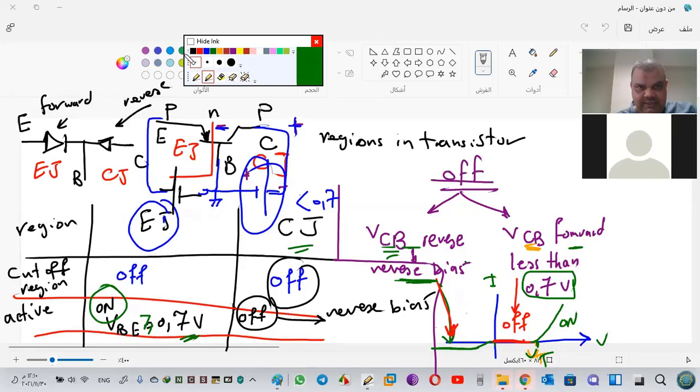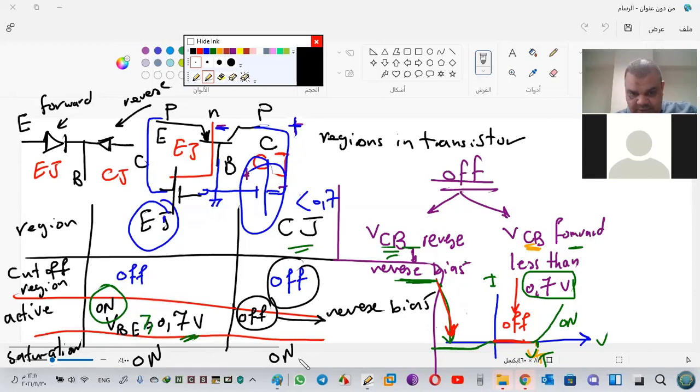Third case is saturation. Saturation means the emitter junction is on, that means bigger, and the second one is on.